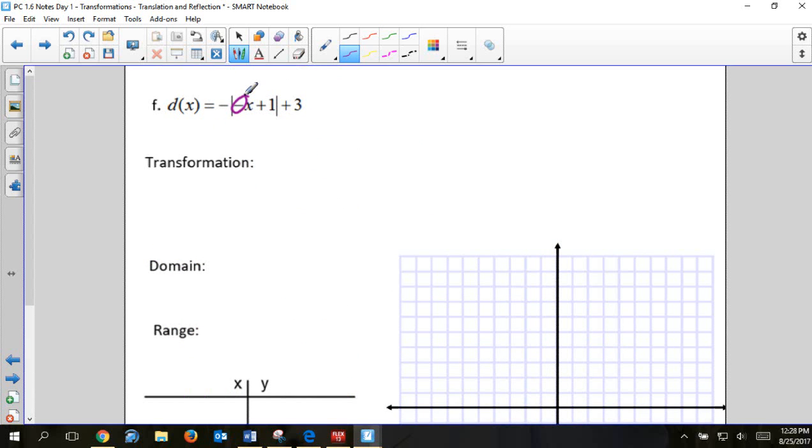If it's a binomial, like -x plus 1, we have to factor it out, and it can't go outside of the absolute value. So it's going to look like d of x equals negative absolute value of negative parenthesis, x, and then we factor it out, it becomes -1, absolute value, plus 3. So you have to factor that out.